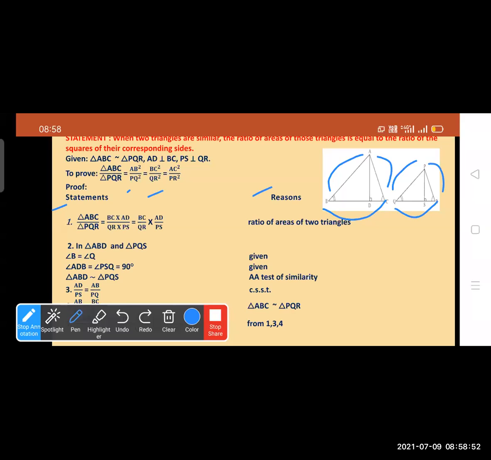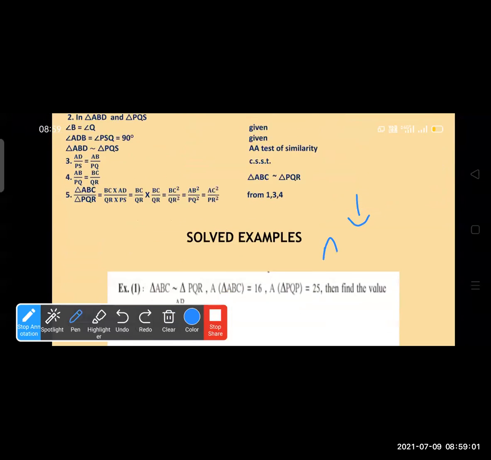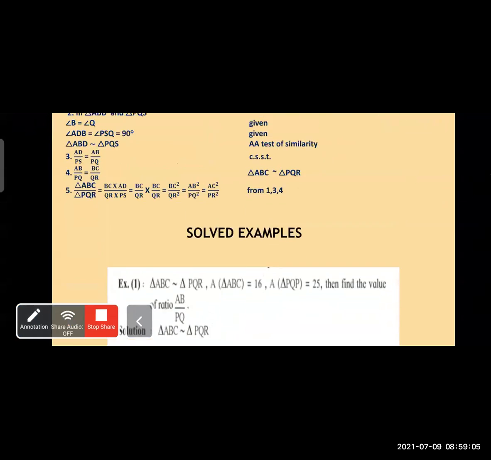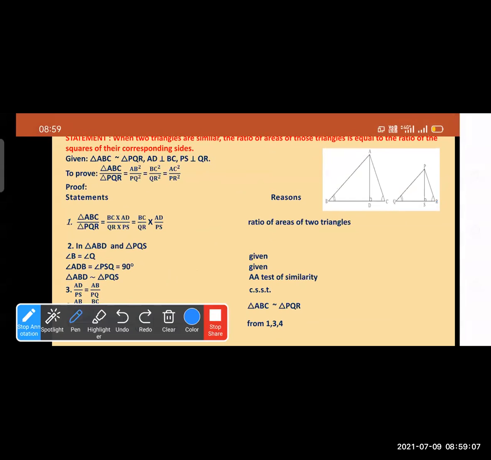Then we start the proof. Okay, now proof. So in triangle ABC, first we write, in triangle ABC, area. So area of triangle ABC is equal to half into base into height.